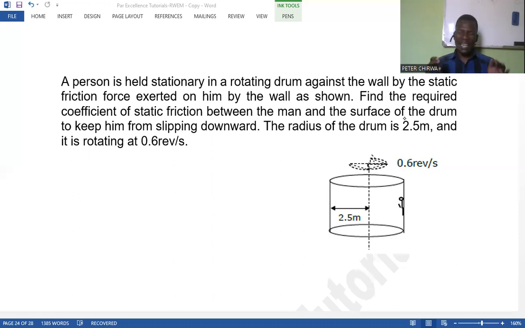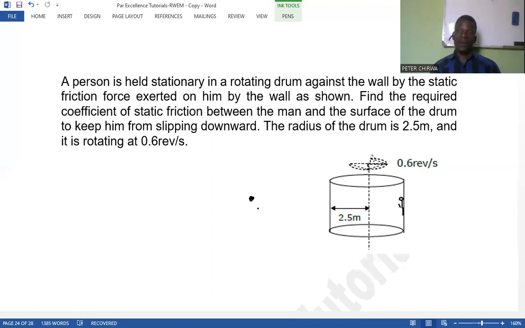All right, so what I can see myself, I can see something like this. If I say this is a man here, he is, of course, on the end of the drum. Now, the first thing that I see here is that I need to make an assumption that the radius of the drum is equal to the radius the man is from the center of the drum.